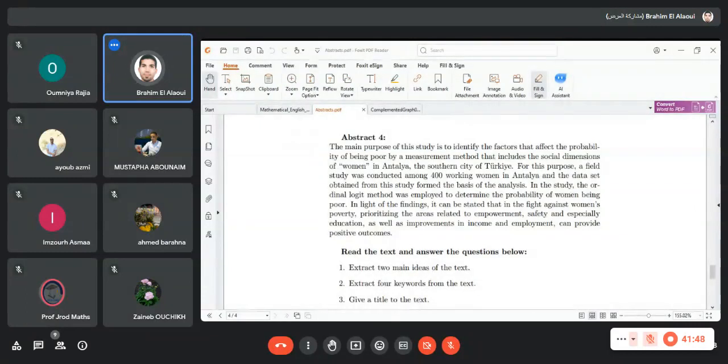So for example, can you see my screen? Or not, so I have to share all my screen. Okay.